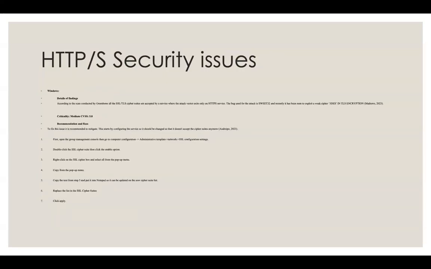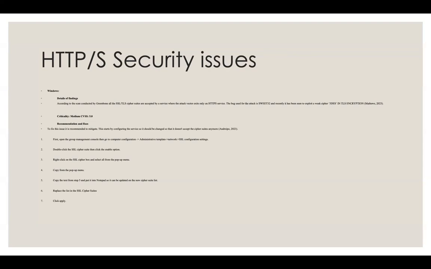For HTTP/HTTPS security issues for Windows, the Greenbaum report stated that the SSL/TLS cipher suites are accepted by services, where the attack vector exists only on the HTTPS service. This bug is used for attack suite 32, and recently it has been used to exploit a weak cipher, 3DES, in the TLS encryption.